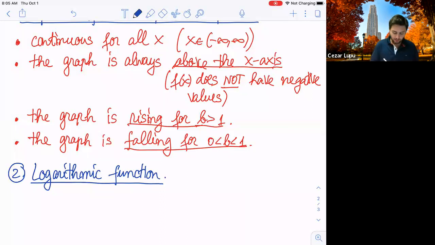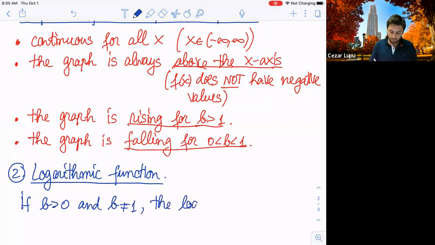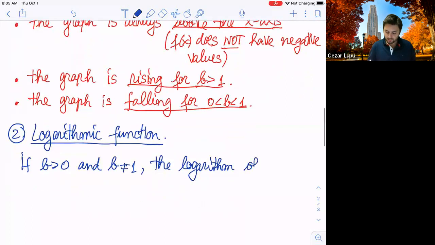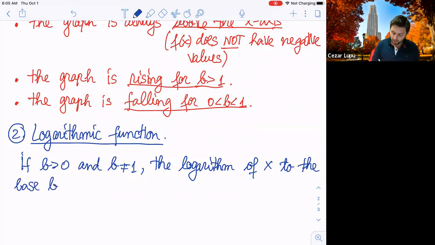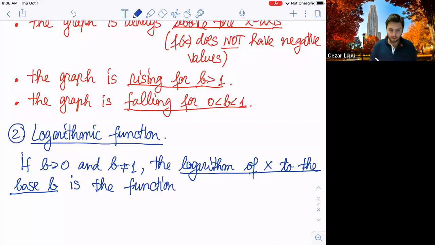And the way we define it is the following. If b is positive and b is different than 1, the logarithm of x to the base b, this is how we pronounce this, is the function, let's say y equals log in base b of x.